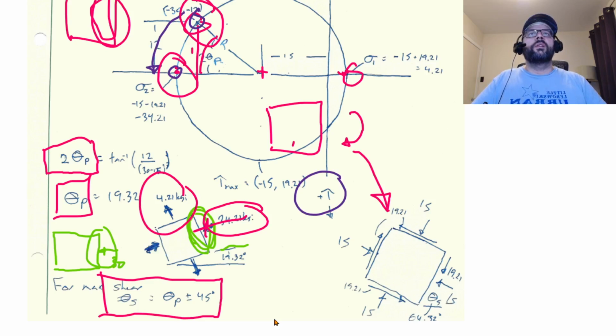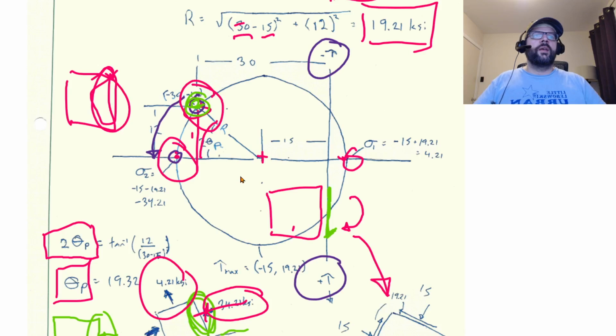If you need to know the directionality of that shear stress, just figure out what happened when you rotated. We started out with a shear stress on the positive x face that was going downwards. It started out as 12, and when we rotate this way instead, that shear stress increases.